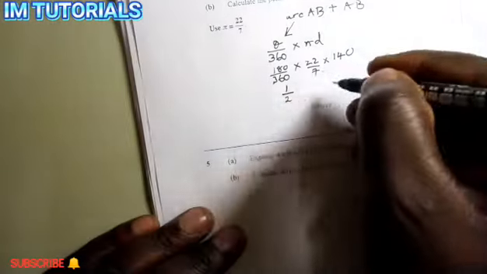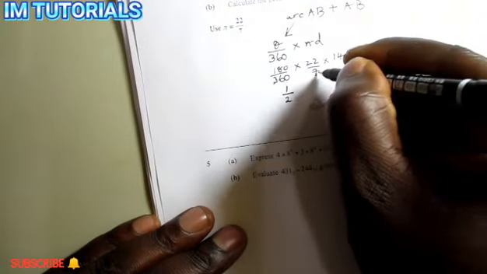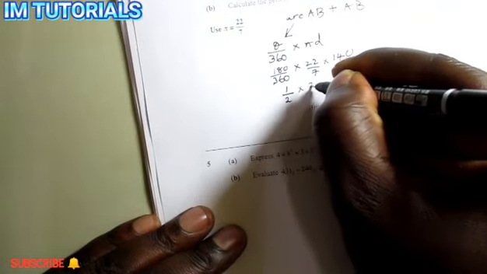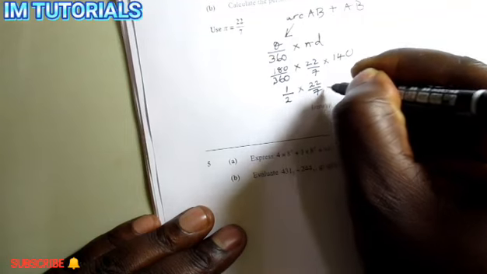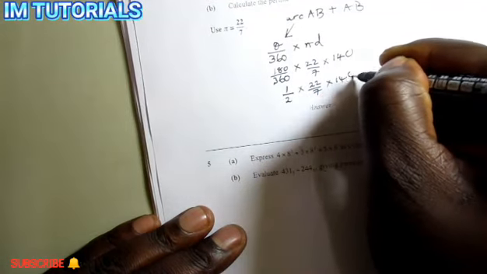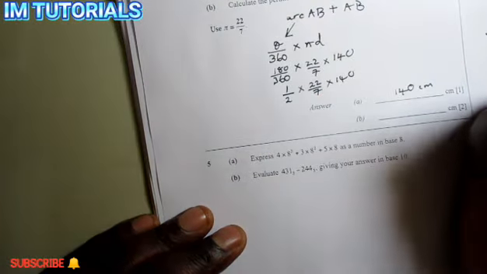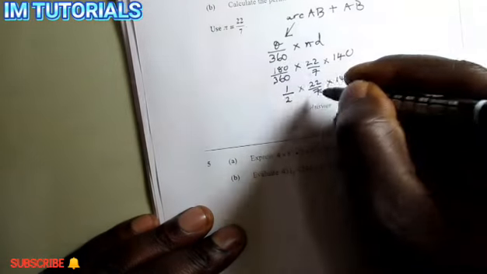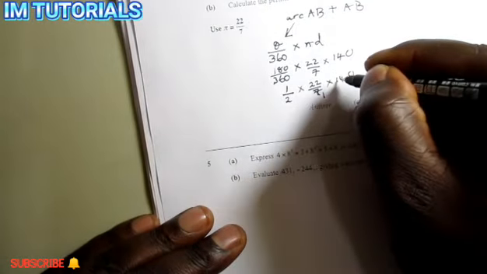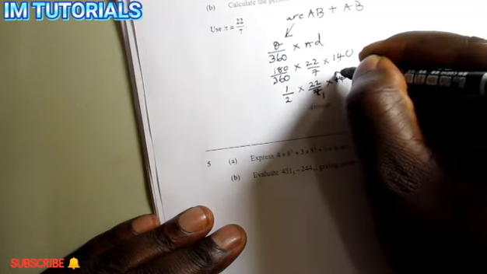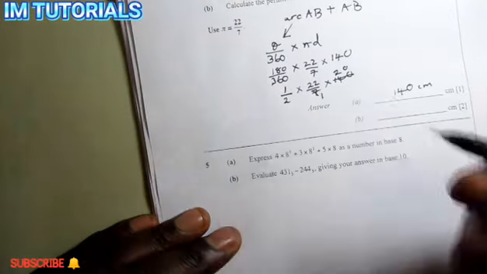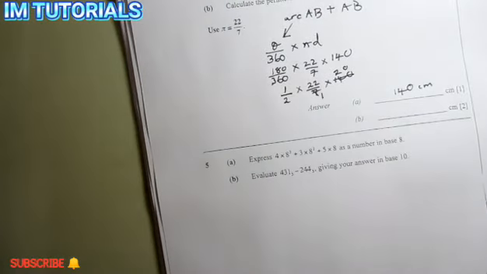Right. So after that, you can notice that 7 is a factor of 140. So 7 into 7, you get 1. 7 into 140, you get 20. Since 7 into 14 is 2 and 7 into 0 is 0.